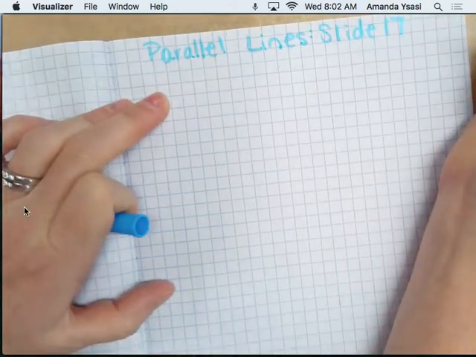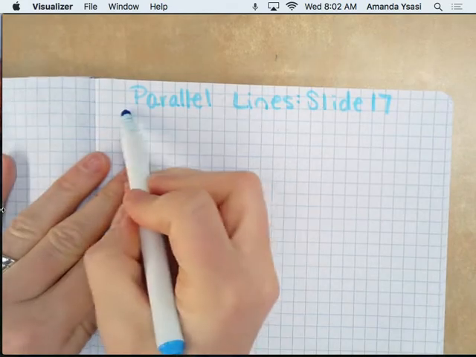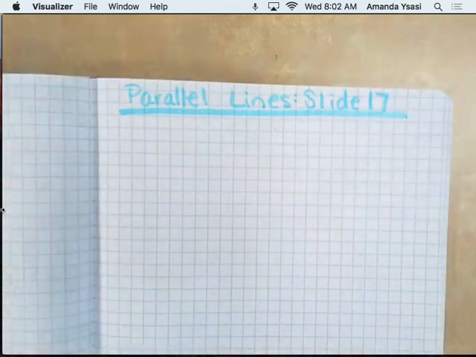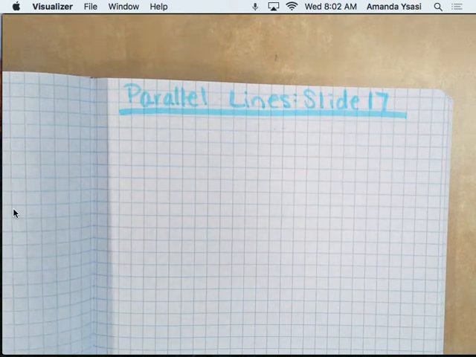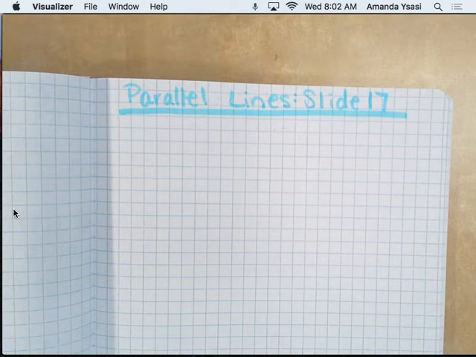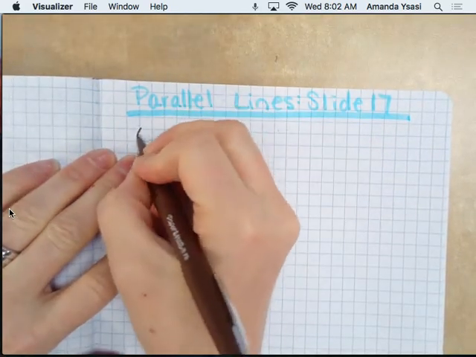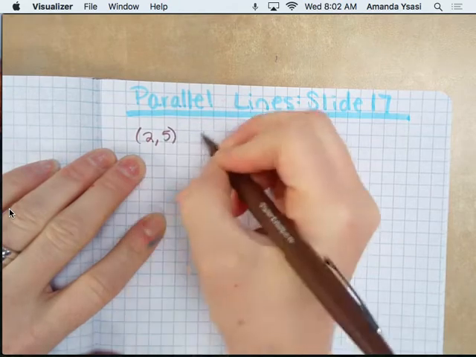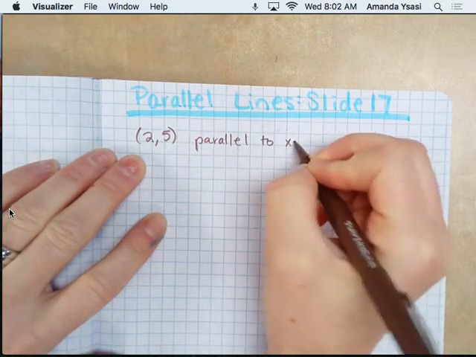If you don't have your composition book, you need to write down on a sheet of paper so you can transfer it. Okay, so it says goes through point 2,5 and parallel to x-axis.